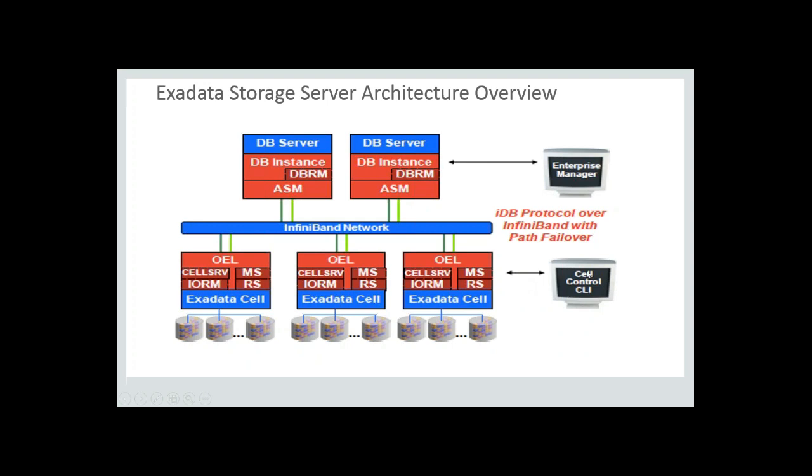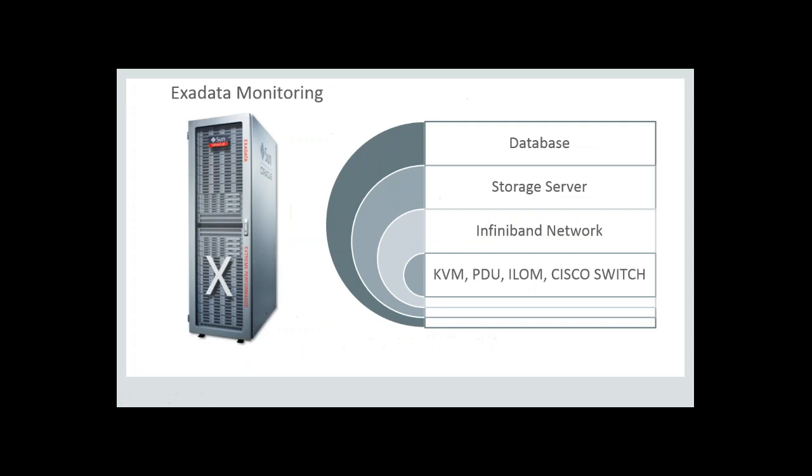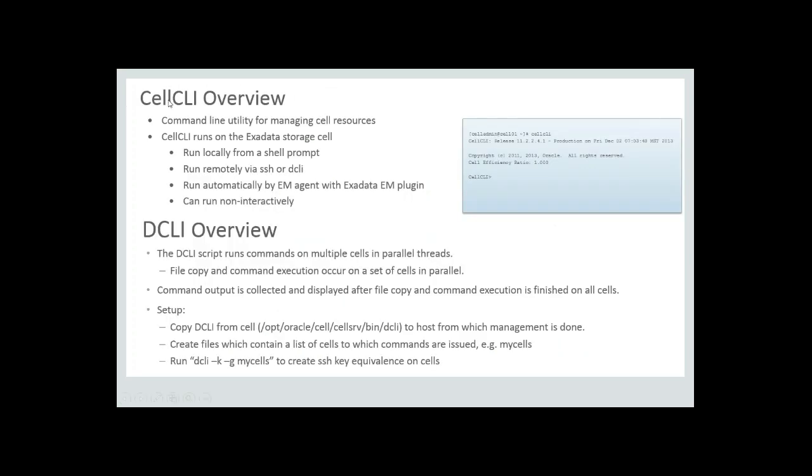But to manage your storage server, you can also use the cell CLI. So Exadata monitoring, as I said, for a storage server you have cell CLI and DCLI. These are two different command line utilities you can use in your storage server. The only difference between these two utilities is that cell CLI is a local utility.